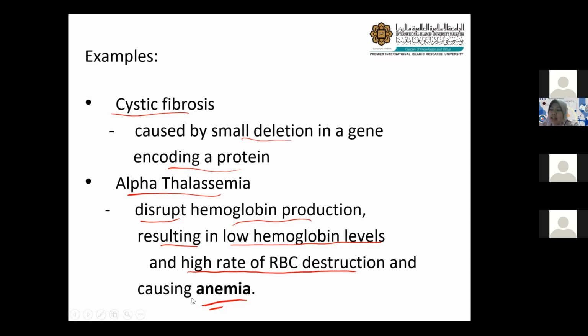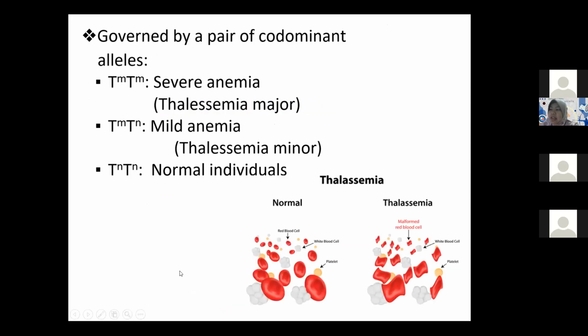Related to chapter 10, genetics. Thalassemia is governed or controlled by a codominant allele. A person who is heterozygous will have mild anemia, or we call it thalassemia minor.